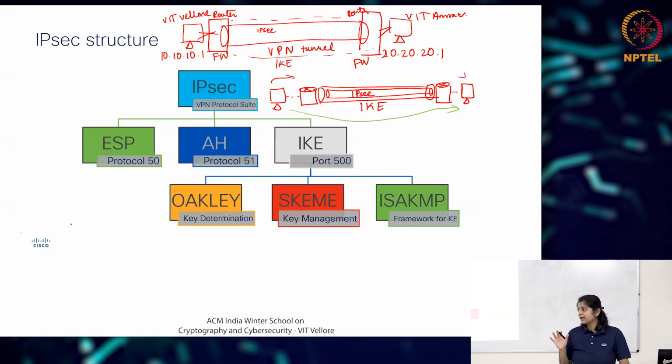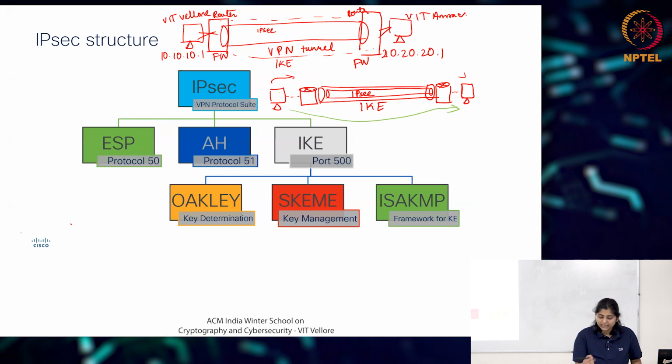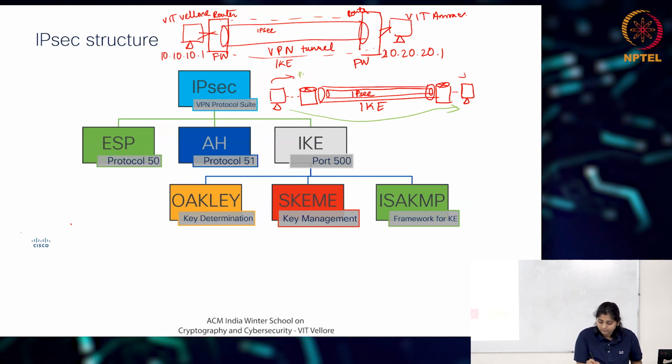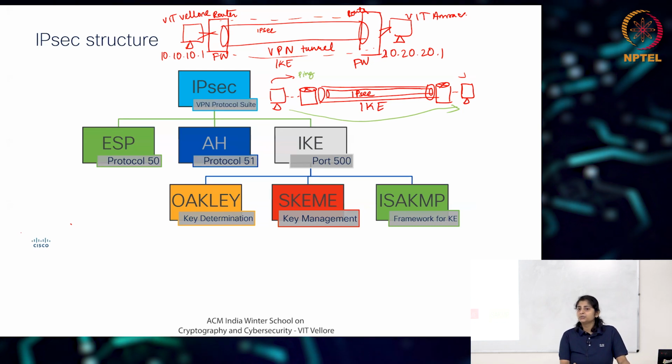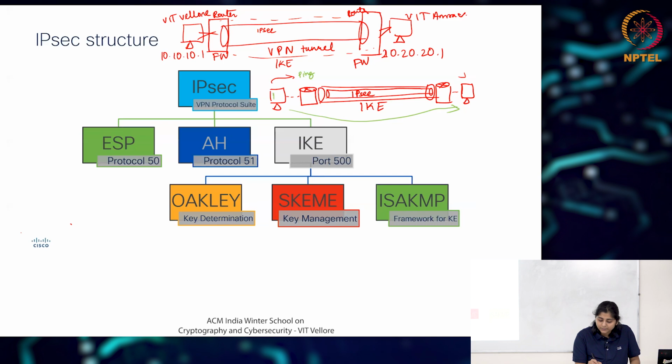Assume any IP that it has. He's sending a ping packet. Where will the encryption begin? Will it begin at this PC?